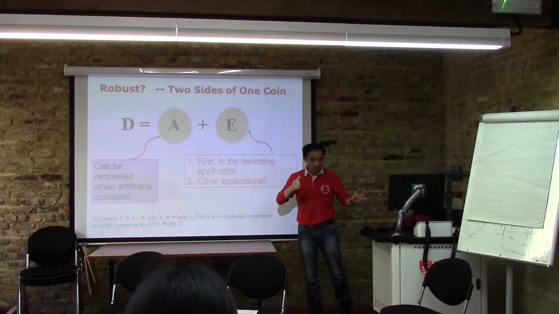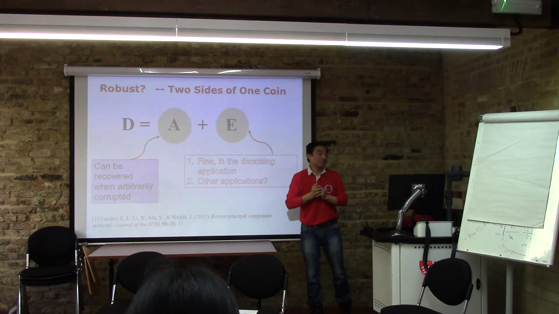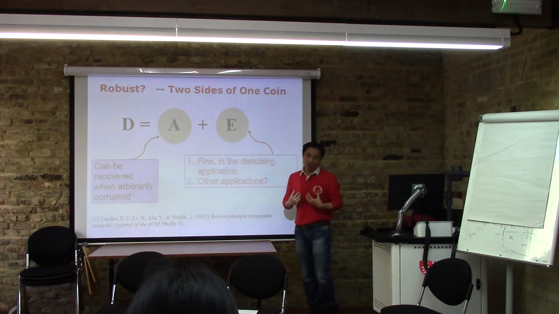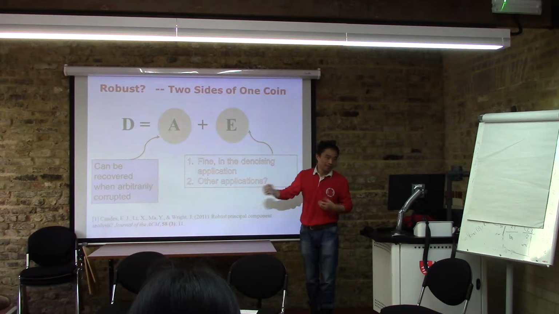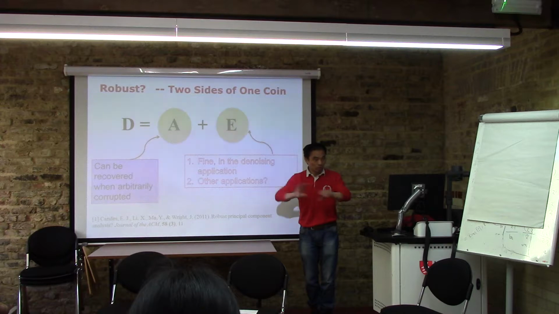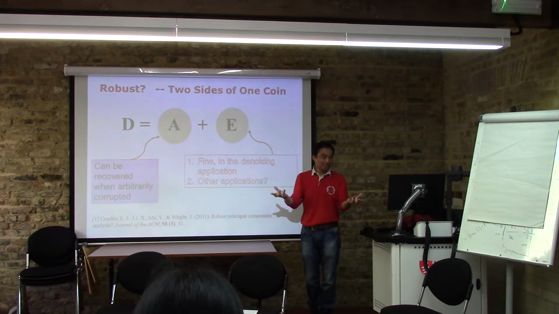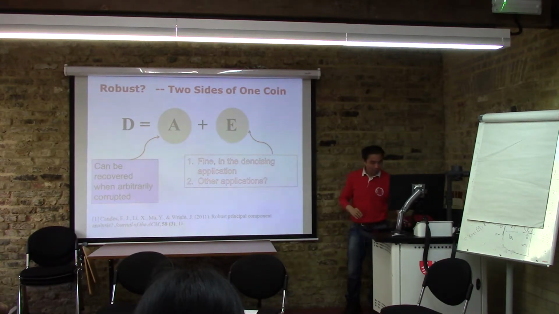For example, video surveillance or document analysis, because we want to make use of the properties of RPCA, which can separate data into two parts. One is the stable part, and one is the unstable, variational part.